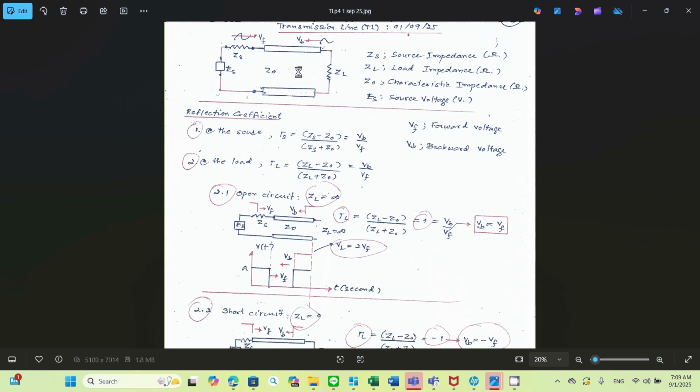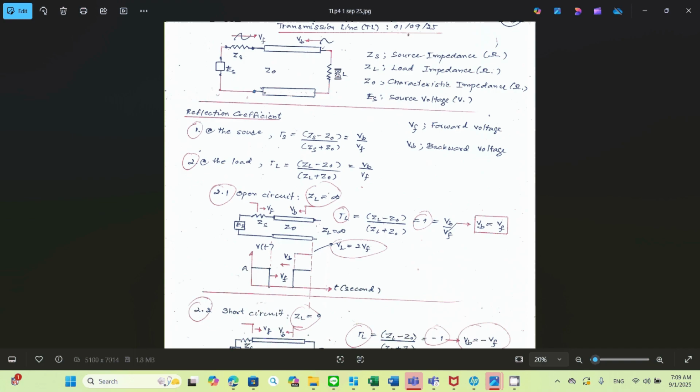When you work on a transmission line, this is very important because for applications, you don't want your input signal to be distorted when you connect your transmission line to any load. In this case, it can be a capacitor, an inductor, or a resistor.